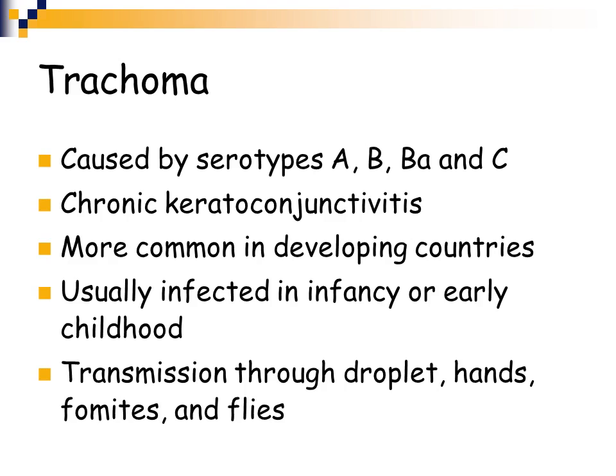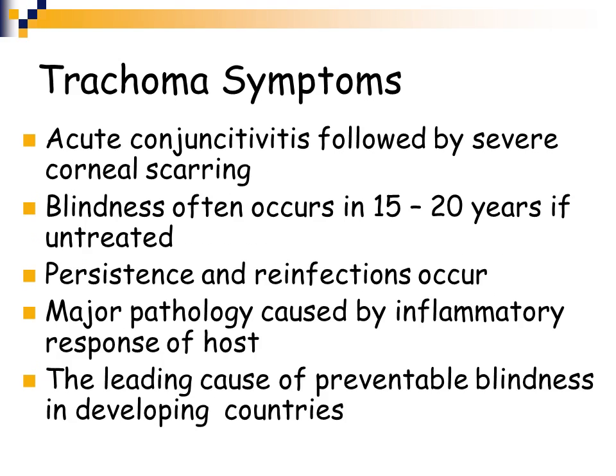Usually in endemic areas, individuals are infected during infancy or early childhood. Transmission is through droplet aerosols, hands, fomites, as well as flies. So in endemic areas where there's a lot of flies, they can transmit.